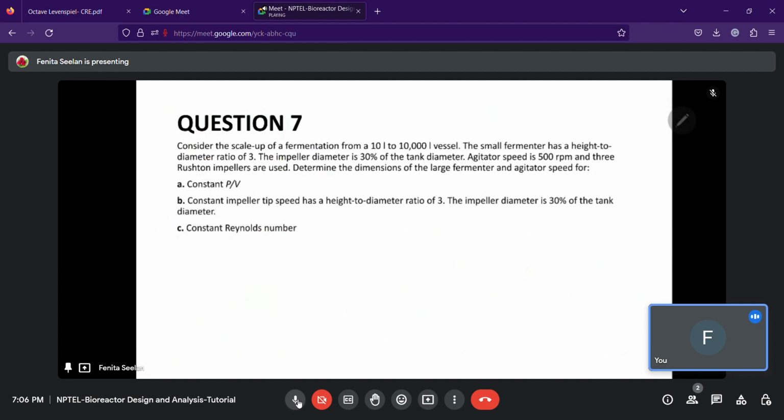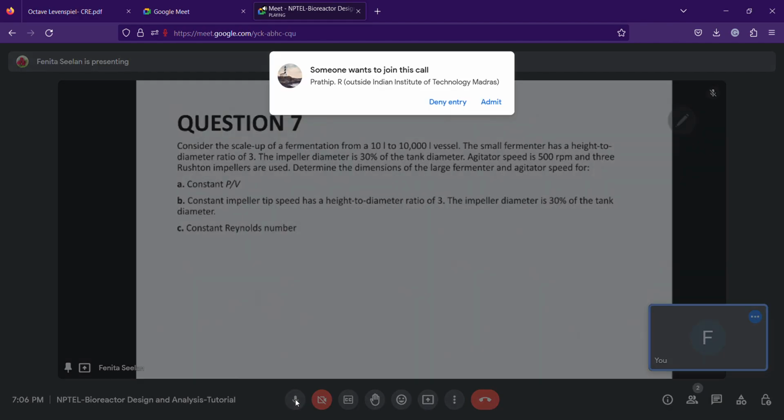The agitation speed is 500 rpm and 3 Rushton impellers are used. You are asked to determine the dimensions of the large fermenter and agitator speed for a constant P by V, a constant impeller tip speed, and using constant Reynolds number, with a height to diameter ratio of 3 and impeller dia 30% of the tank dia.